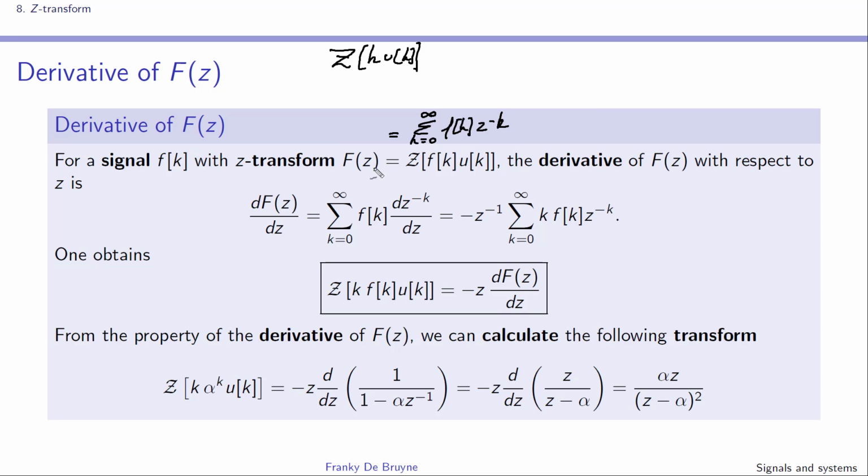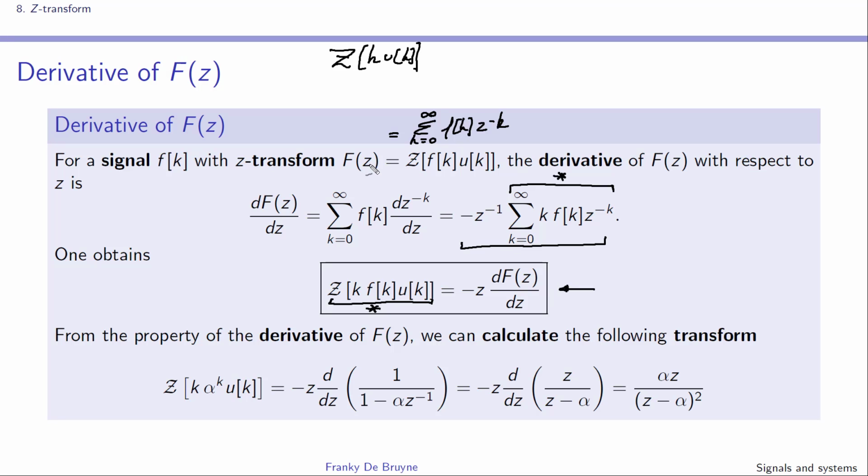So what we do is look at the derivative of F of z, and if you do the calculations, this is what you obtain. And this expression over here corresponds to this z transform, right? So this z transform you can obtain from the derivative of F of z, and you have to take the other one to the other side, and this is why we obtain this expression.